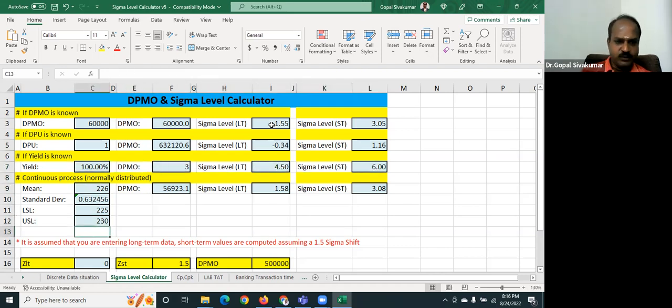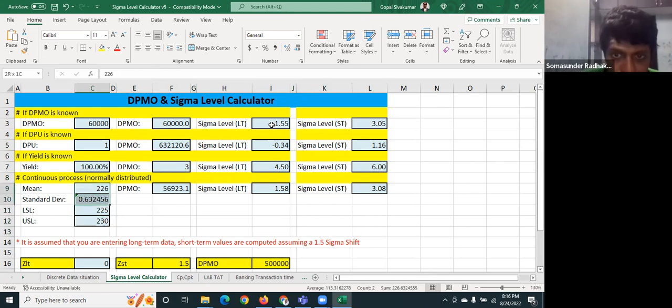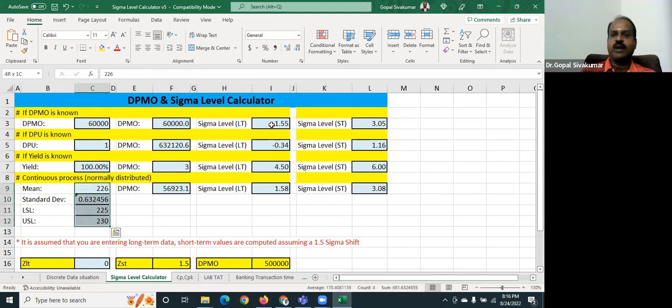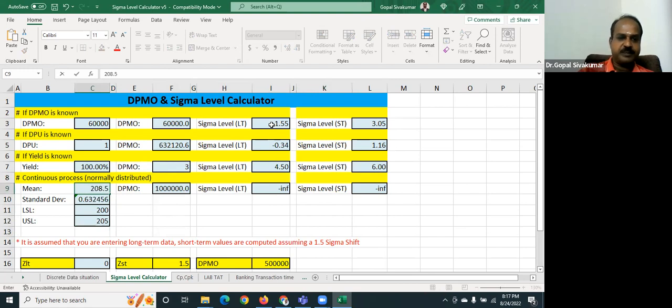And now there is one more format where you can declare USL and LSL. Let me say USL is 200, LSL is 205. And process average is, let me say, 208.5. And process standard deviation, let me say this is 0.25.